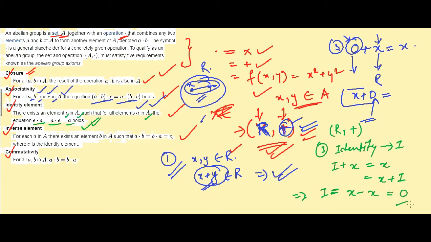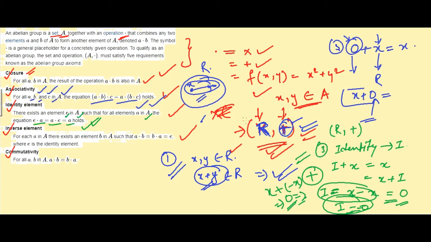I will equal 0, because we know that in real numbers, if there is an element x and we add it with its additive inverse, the result will be 0, that is the identity. So we find the identity like this. So I equals 0 here. You'll get much more clarity when we look at the same situation with some other example.